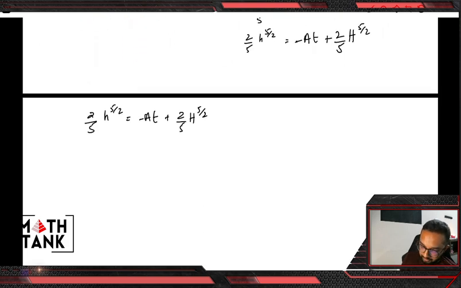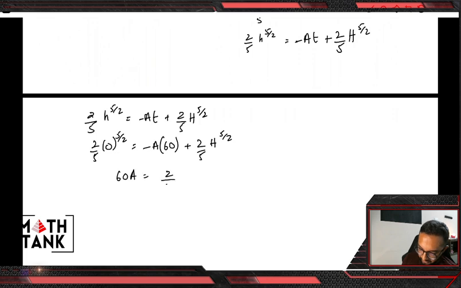Then I have another pair which says that the tank is empty when small h is 0. So that gives me 60A equals 2 over 5. So that's A as 1 over 150.